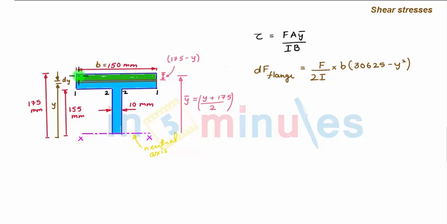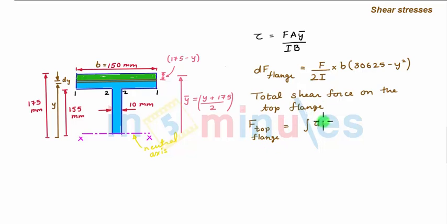To get the total force on this top flange, we have to integrate this from the limit y equal to 155 mm to y equal to 175 mm. So the total shear force on the top flange is given as F of top flange is equal to the integral of dF flange with limit y equal to 155 mm to y equal to 175 mm, which is nothing but the depth of your top flange.